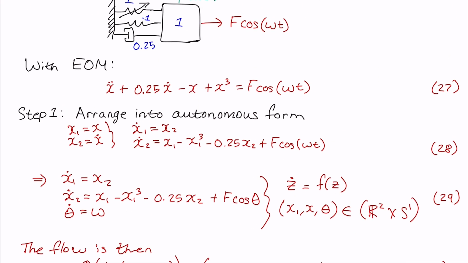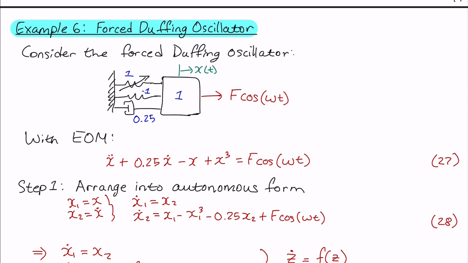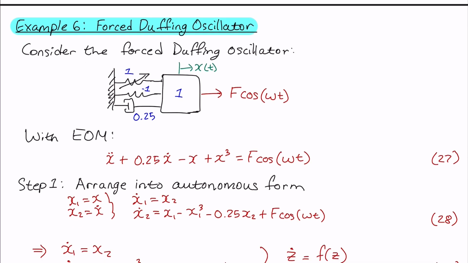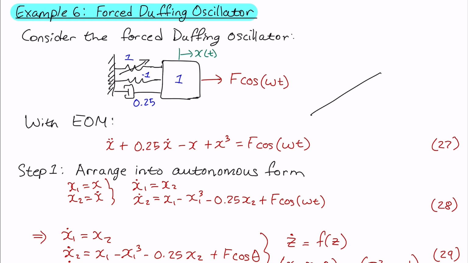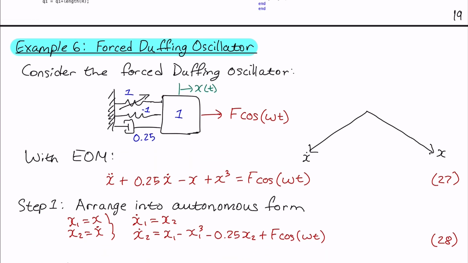All right, so what are we actually going to be doing? Let's draw our phase space. So down here, we're going to have x dot and x, and then in the vertical axis, we will have theta, and we're going to have a value of 2 pi here, well, 0 down here.